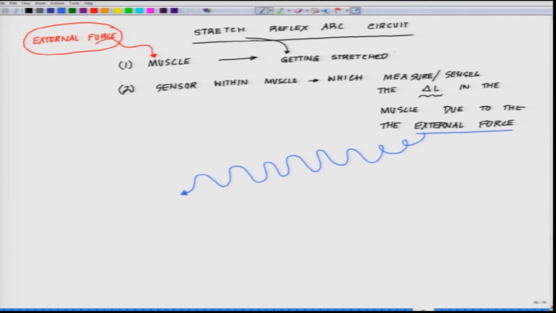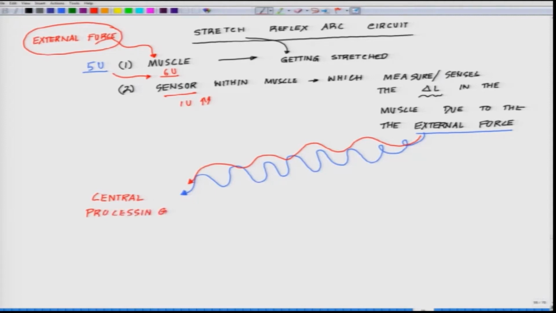Say for example, the initial length of the muscle before the force generation is 5 units. Then post force generation it becomes 6 units. There is an increase of 1 unit. So this sensor will sense the 1 unit increase, and this signal will be sent to the central processing unit. We will later introduce it formally.